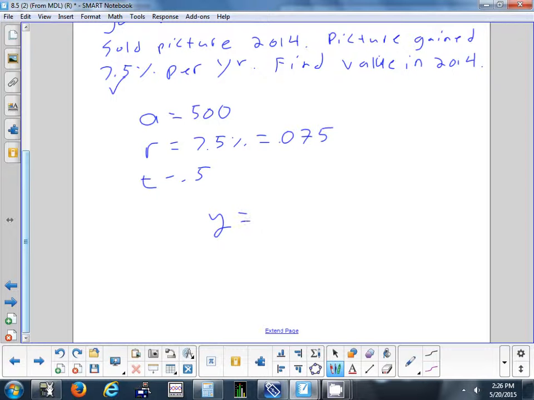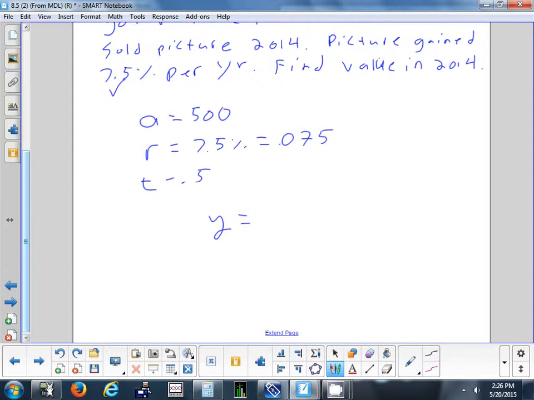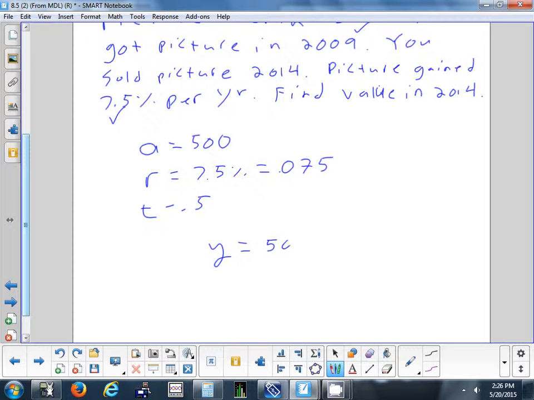Y equals 500. Start with your original amount, and then parentheses, 1 plus the rate, to the power of, what's my exponent? In this case, it's a 5.